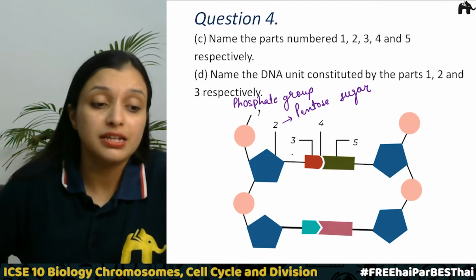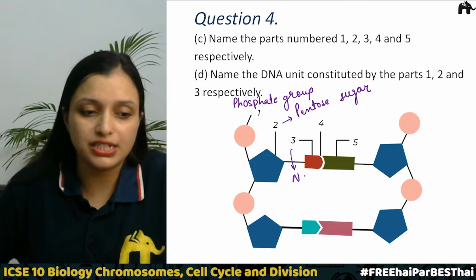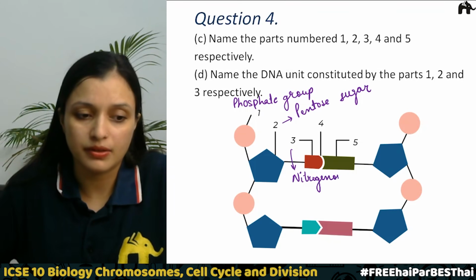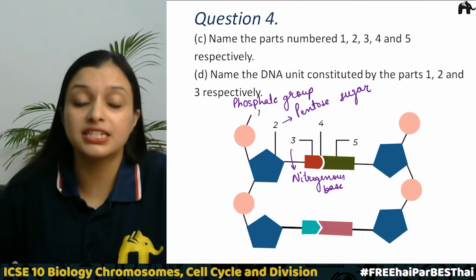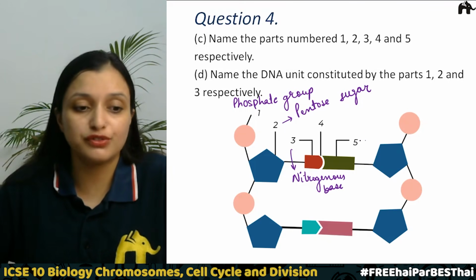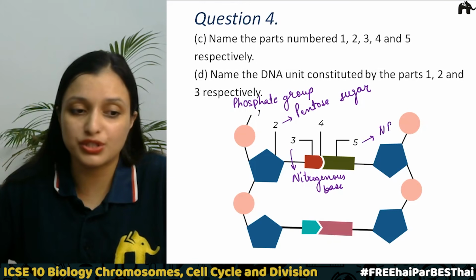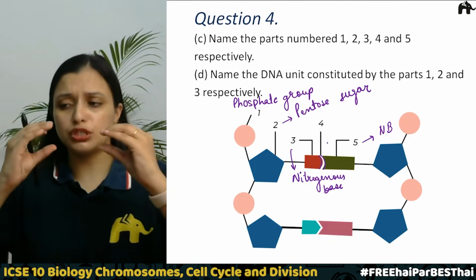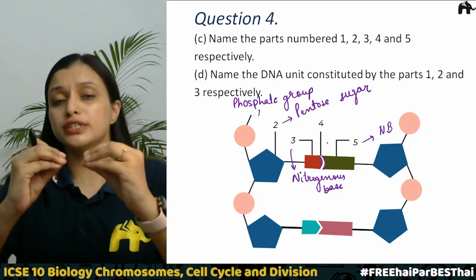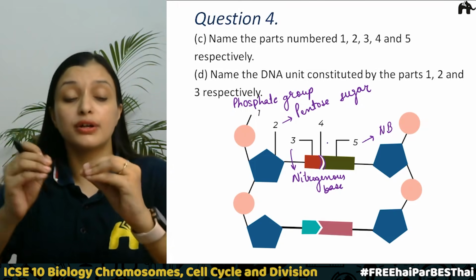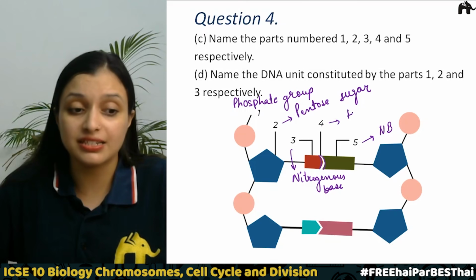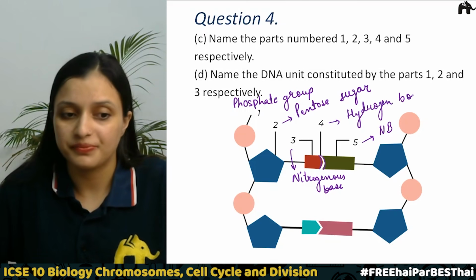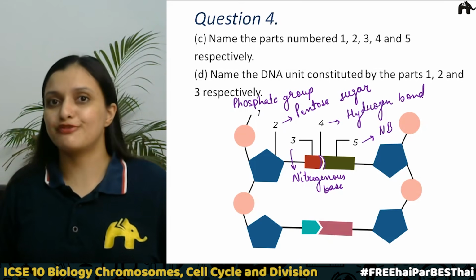This is a nitrogenous base. The fifth one is also a nitrogenous base. And what is this empty white one? The 2 nitrogenous bases are joined to each other with the help of a bond. Which bond is that? That is a hydrogen bond, right? So we have marked everything.